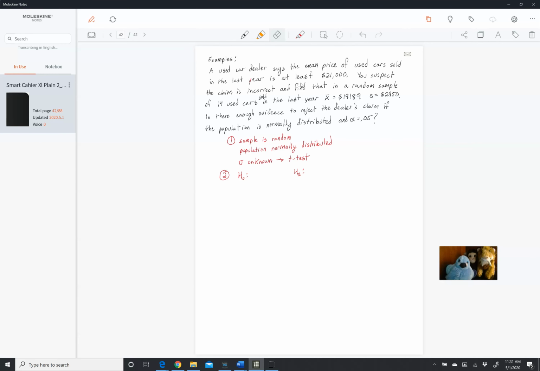So at least includes the 21,000, which means that that is the null hypothesis because we're going to have an equals, okay? So our mean is greater than or equal to 21,000. And this is our claim. The opposite of that is less than 21,000. Okay, at least is greater than or equal to.